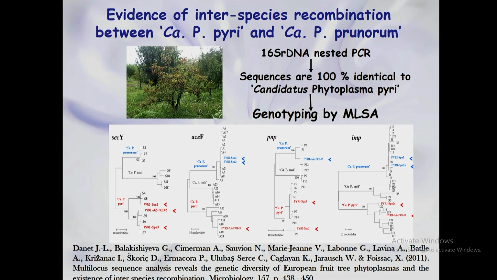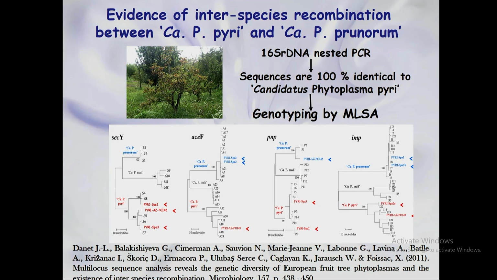The Candidatus phytoplasma piri isolate from peach tree showed interesting results, as these phytoplasma isolates shared some alleles with the Candidatus phytoplasma piri.